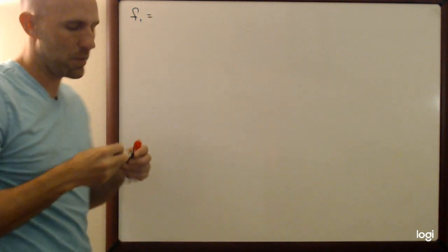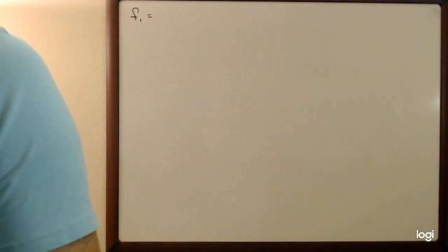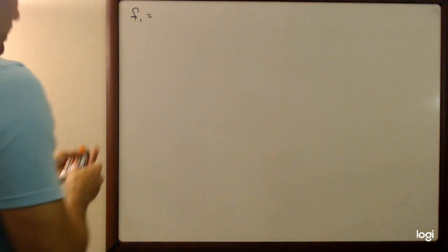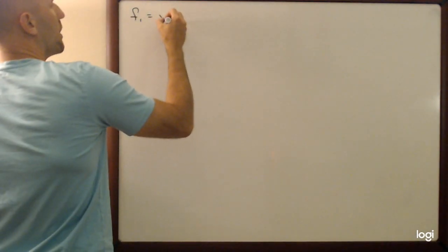Let's make F1. I'm going to pull this example out of your book just to make sure that I don't accidentally pick something that's not going to work very well. So let's go with F1 is equal to x squared.